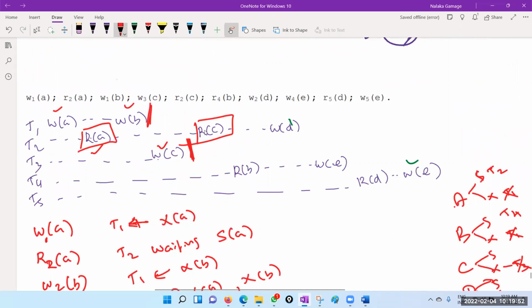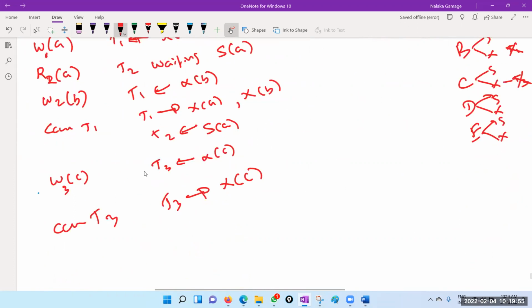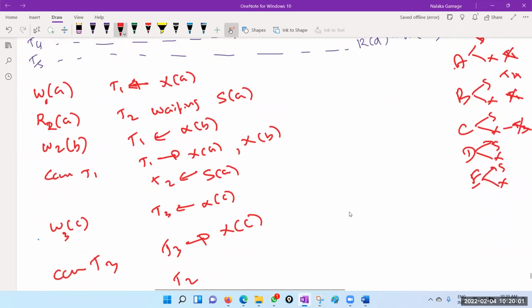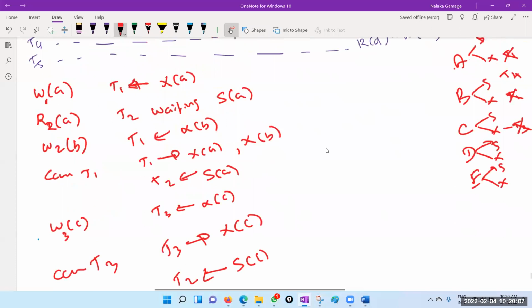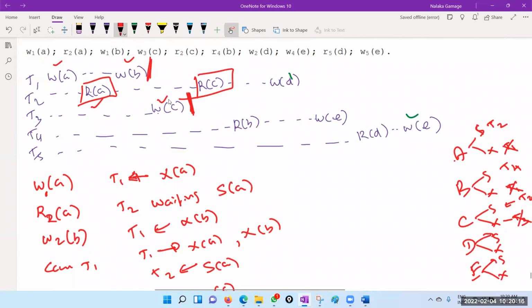Now we have to do transaction 2 read C. Now transaction 2 can take the shared C. Transaction 2 has taken that.